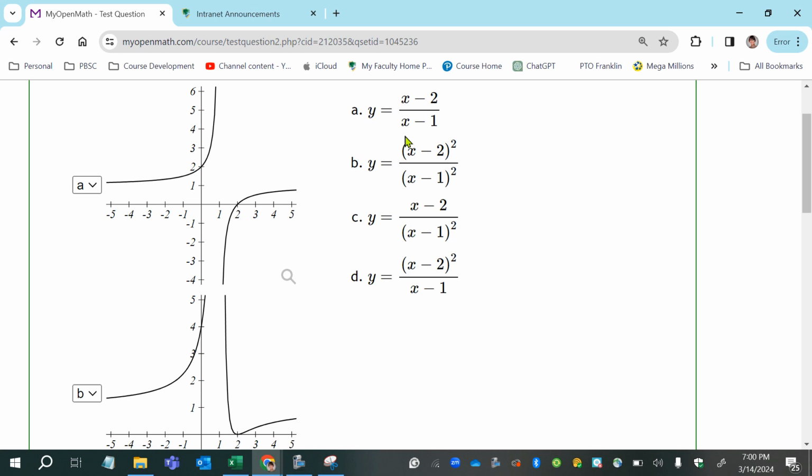What you'll notice is that on the right side, when I put zeros in for the x's, they essentially disappear, and you will be left with -2 divided by -1, which equals +2. And that is the y value that you should get when you put zeros in for x. So option A is aligning with that first picture. Now I'm extremely confident that that is the right choice and that B would have to go along with the second picture.